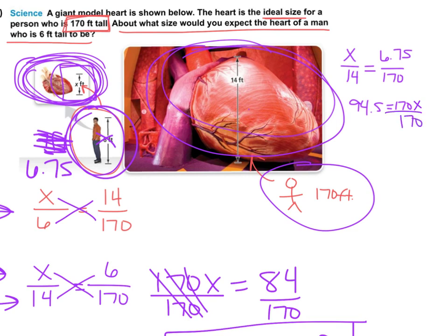Okay, so divide by 170. 94.5 divided by 170. You get this. Right now, that's in feet. So 0.55588 feet is more than half a foot.